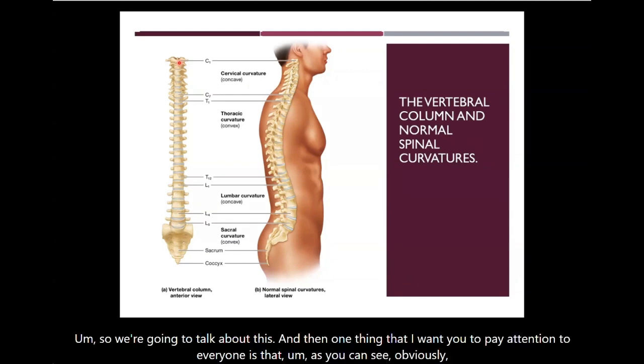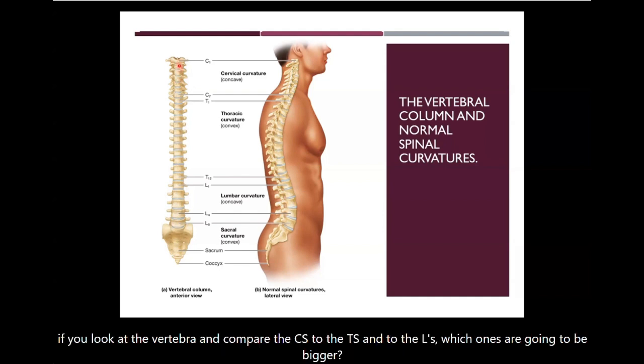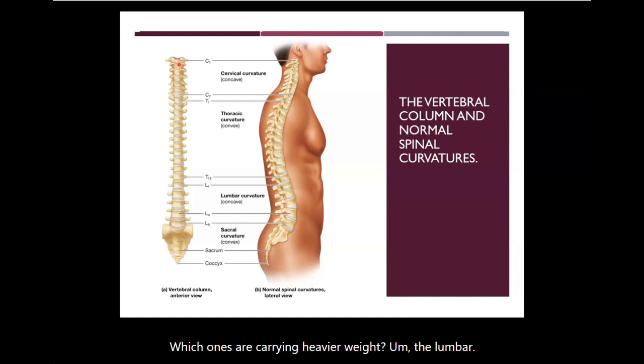One thing that I want you to pay attention to, everyone, is that if you look at the vertebra and compare the C's to the T's and to the L's, which ones are going to be bigger? Which ones are carrying heavier weight? The lumbar, right?